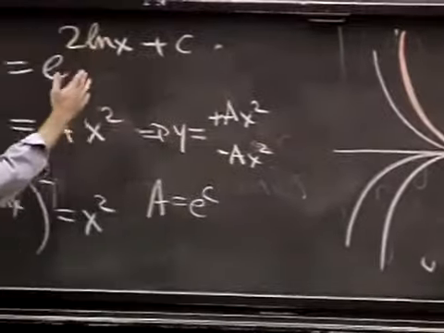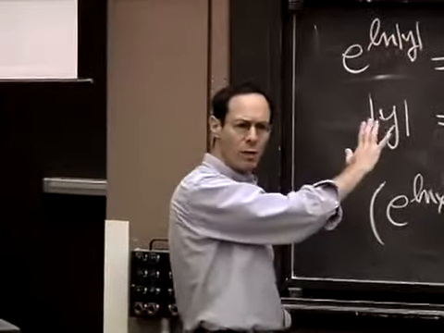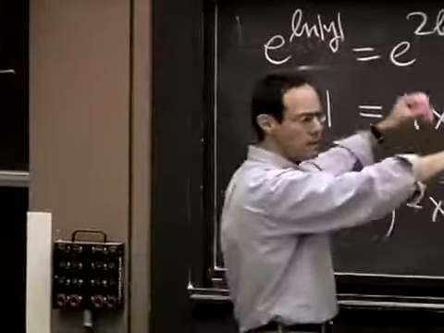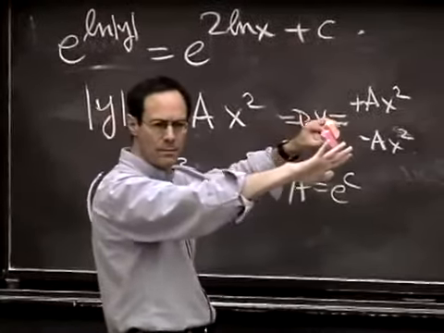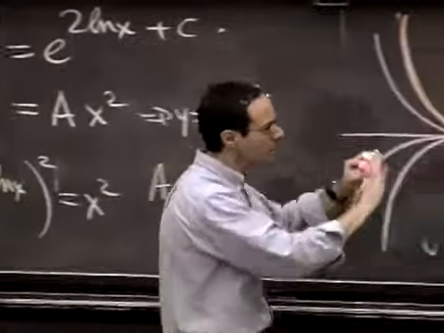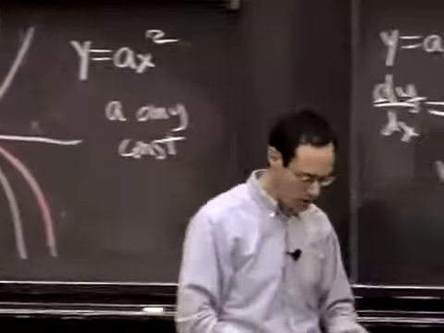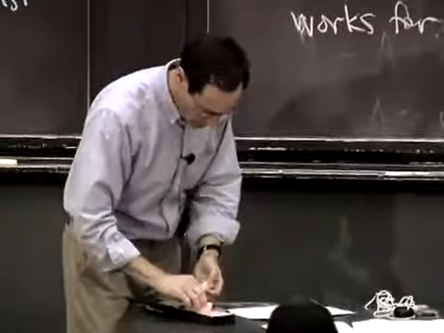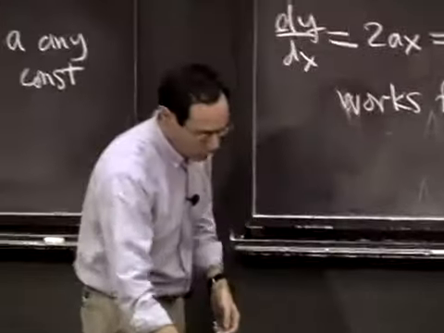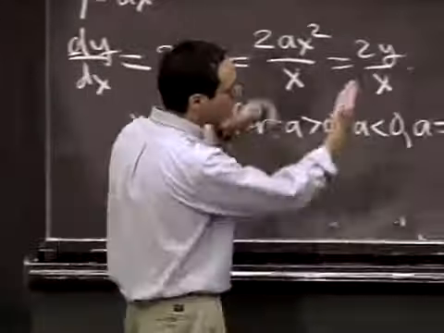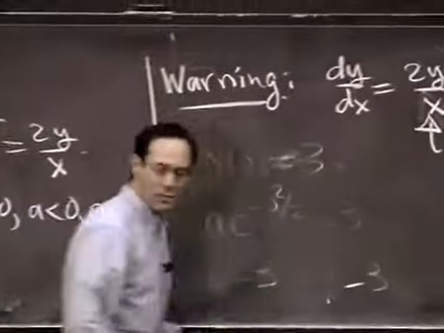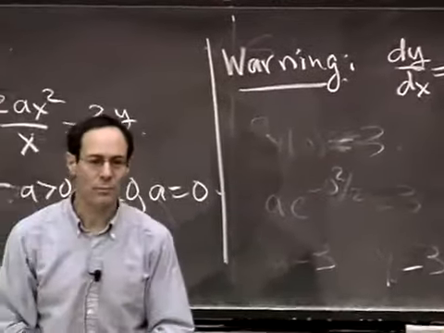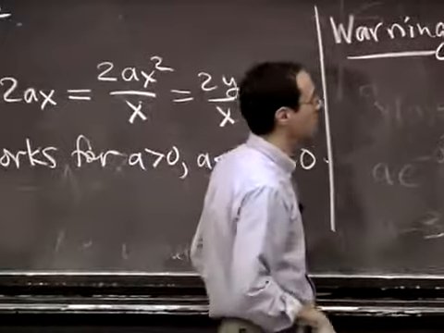The origin was a special point in the whole geometric problem, rather than as being complete parabolas. That's a very subtle point. I don't expect you to be able to say anything about it, but I just want to warn you that it really is true that when x is equal to 0, there's a problem for this differential equation.